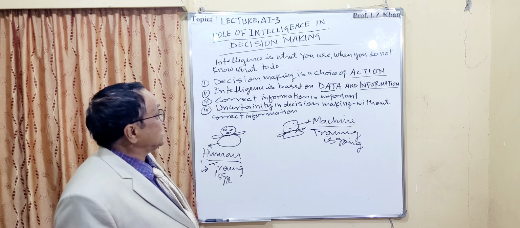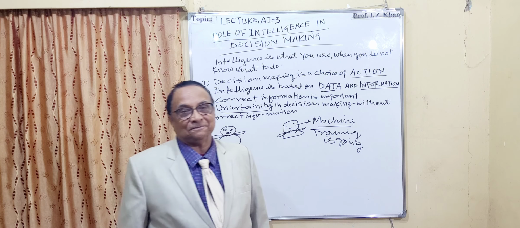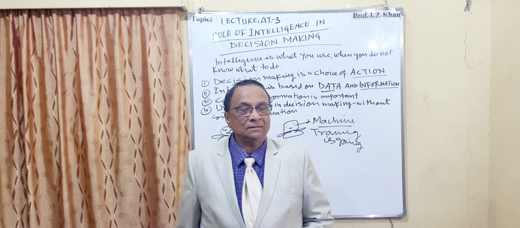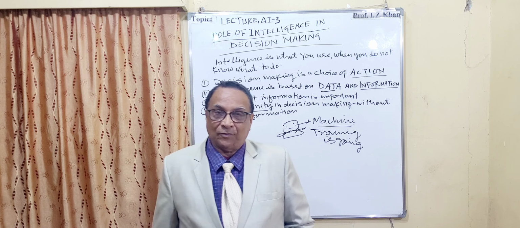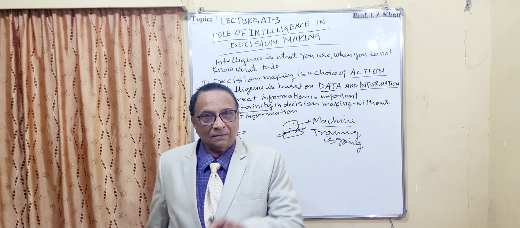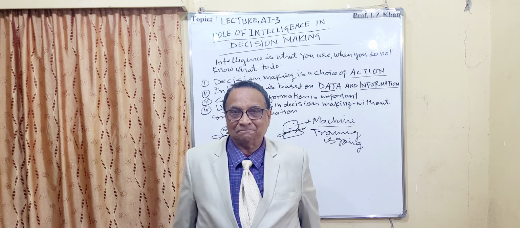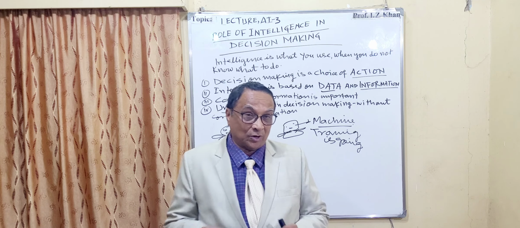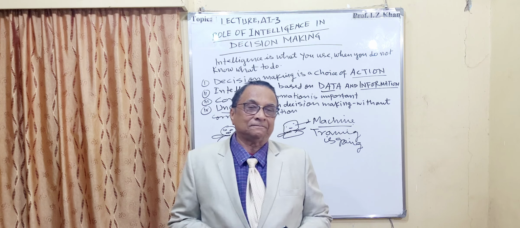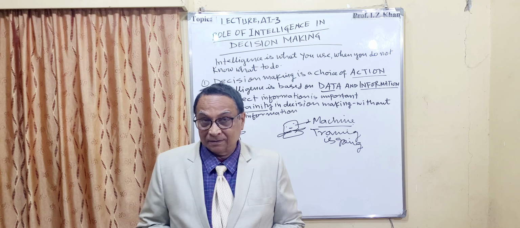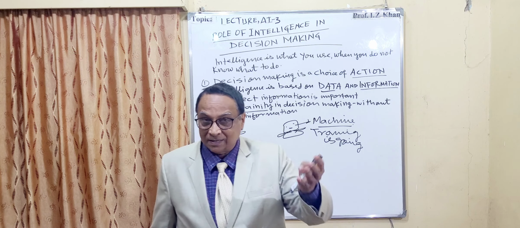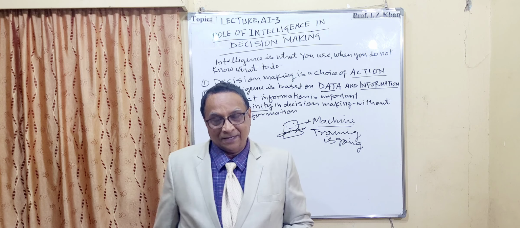Then decision making is a choice of action on the basis of information, on the basis of data, whether it is machine or human. A choice of action is very important. And here risk factor is there in choice of action. Risk factor is, for example, your smartness of decision making.